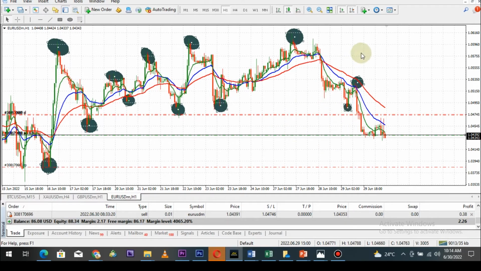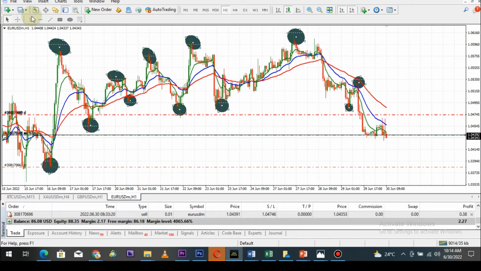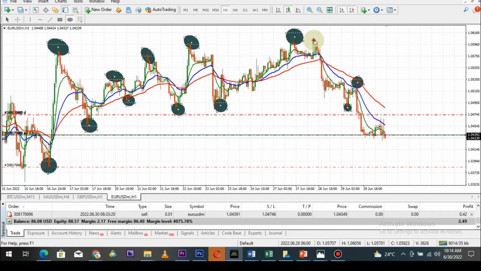All right, so with this, let's look at this. Now with this, you can clearly see that the market came from here, came up here, down here, up, down, up, down, up, down, up, down, up, down to this point. So I would actually draw here to be another point where the market changed direction.